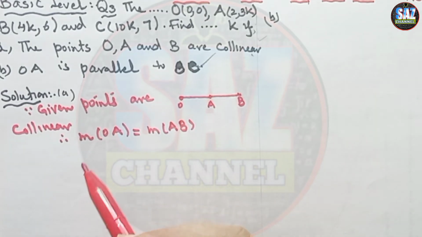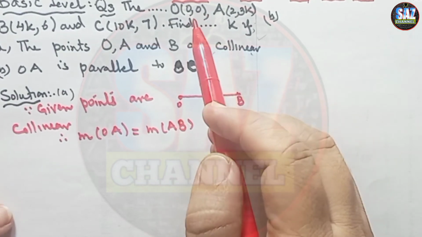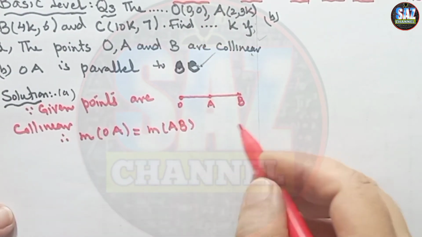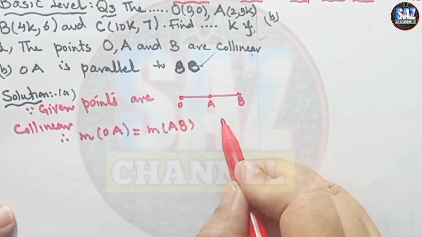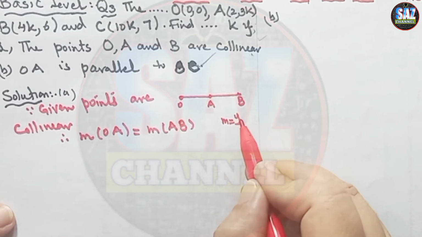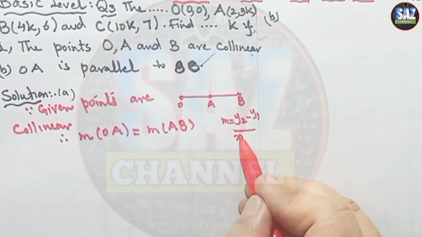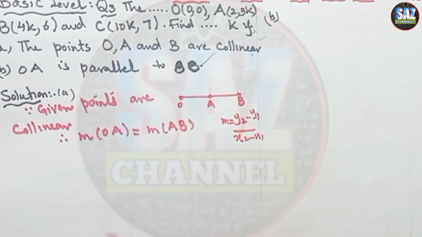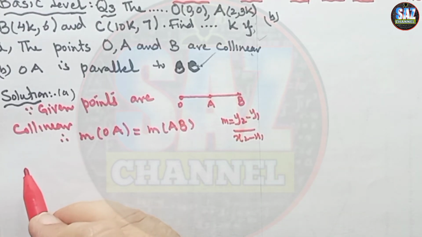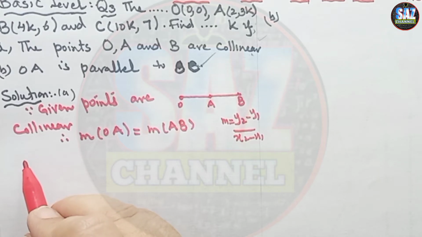Now what I have to do? I have to find the gradient of OA. We know the formula for the gradient is m equals (y2 minus y1) upon (x2 minus x1). Now here we are going to find the gradient of OA.